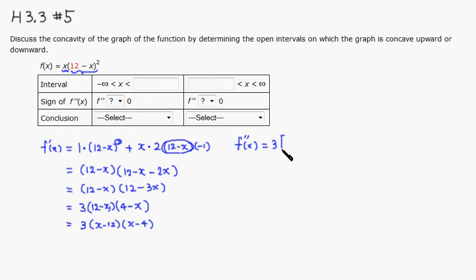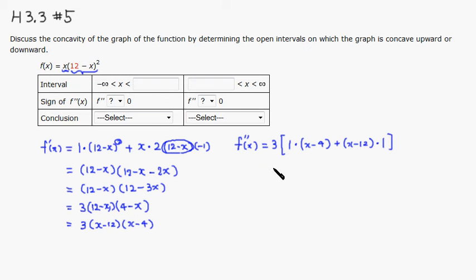Then take the derivative of the first, which is going to be 1, and multiply by the second, which is x minus 4, plus the first guy, x minus 12, times the derivative of the second, which is 1.